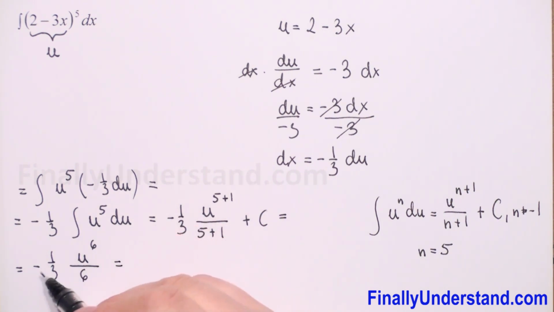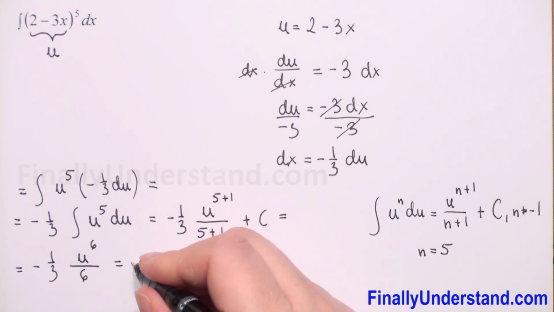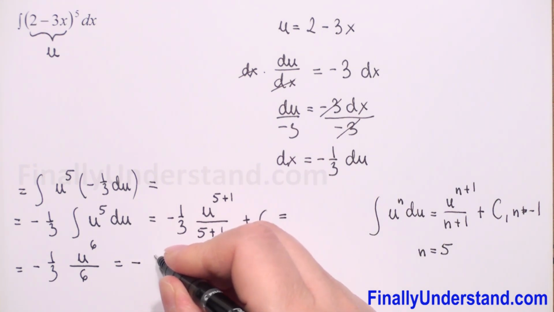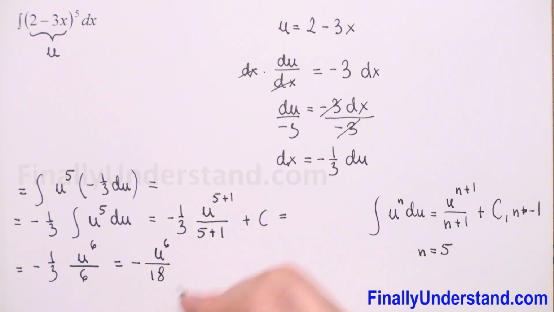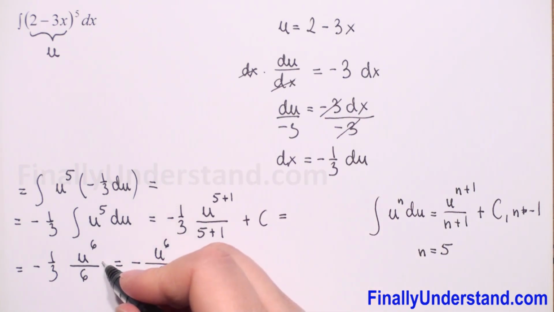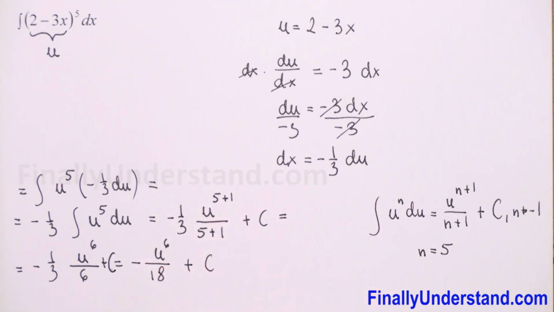So this is equal, negative times positive is negative, and in the numerator we will have u to the 6th power over 3 times 6, which is 18. I forgot to add c, of course. Here we need to have c.